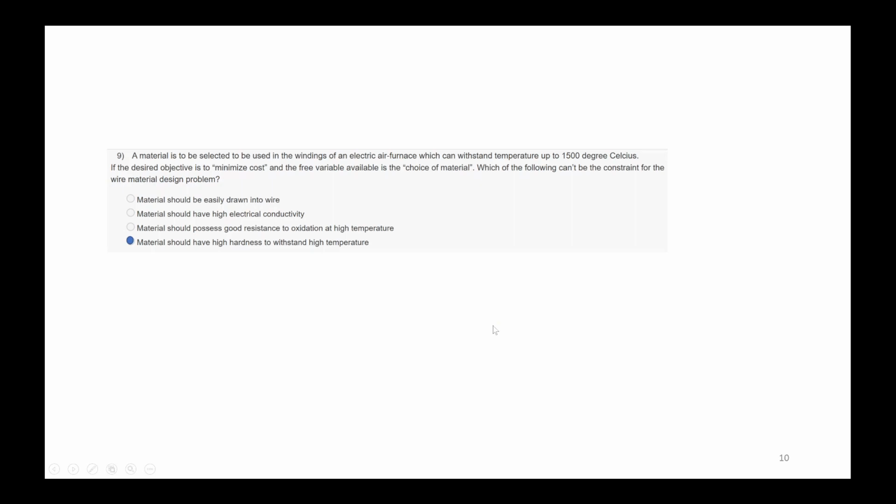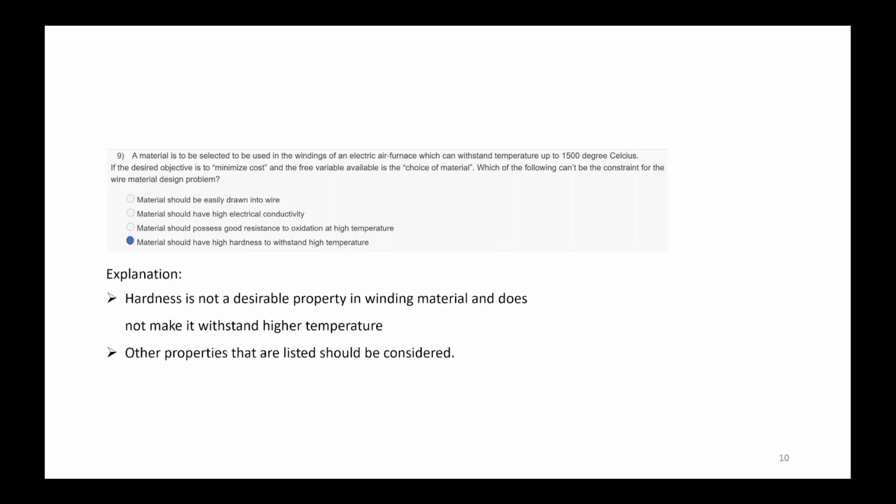Okay, so your answer will be D. Material should have high hardness to withstand high temperature. So this property is not required, because hardness is not a desirable property if we are trying to wind in the form of wire, and it does not make it withstand high temperature.